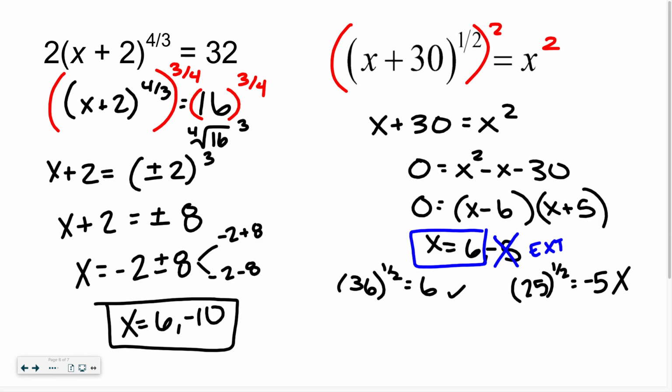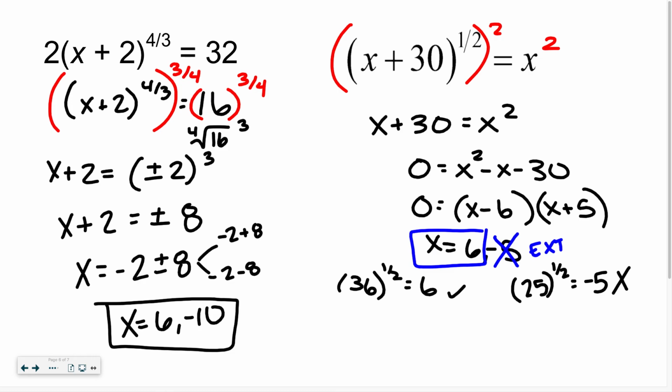Okay, so there's not a whole lot of new parts to solving it, right? The only thing you have to know is to get rid of a root, raise it to that power, or to get rid of a fraction exponent, raise it to the reciprocal. But what you have to be really careful about are your solutions. Should I add the plus or minus because I took an even root while solving?